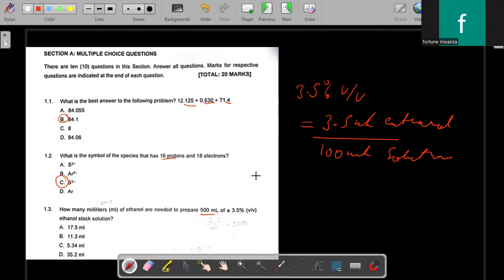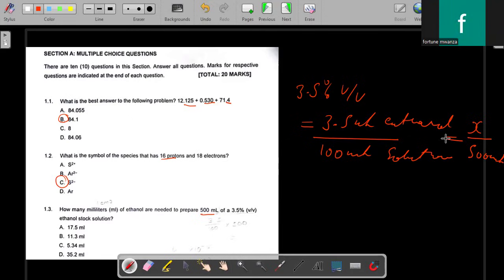Now we've been asked to find the volume, which is the milliliters of ethanol. So this should be equal to the volume of ethanol, which is your solute, at the volume of solution prepared, which is 500 milliliters.